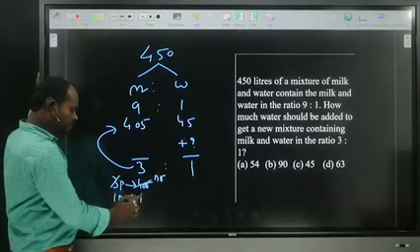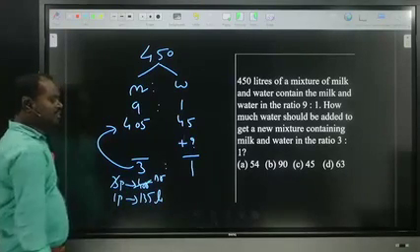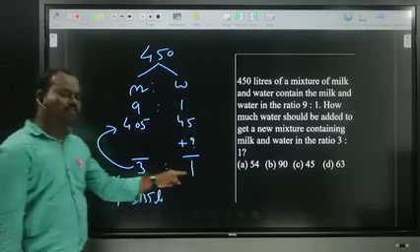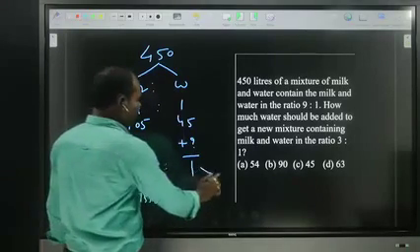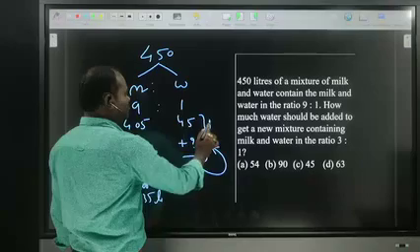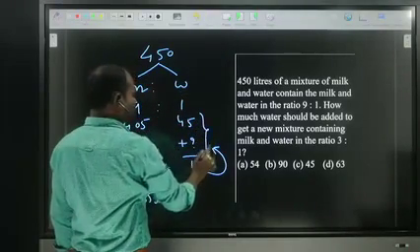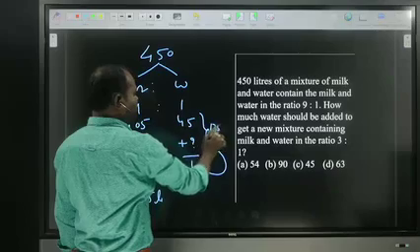So one part means 135, and here we require one part only for water. So this should be 135 liters.